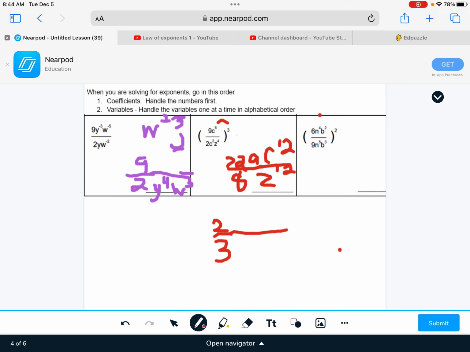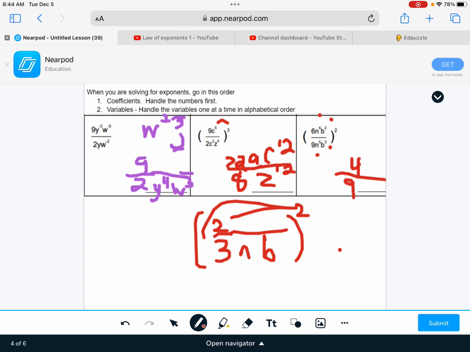N to the 4 and n to the 5 leaves just one n on the bottom. B to the 2 and b to the 3 leaves just one b on the bottom. And so when I square all of that, 2 times 2, because 2 squared is 2 times 2, 4. 3 times 3, because 3 squared is 9. Over n squared and b squared. That is going to be the answer for this one.